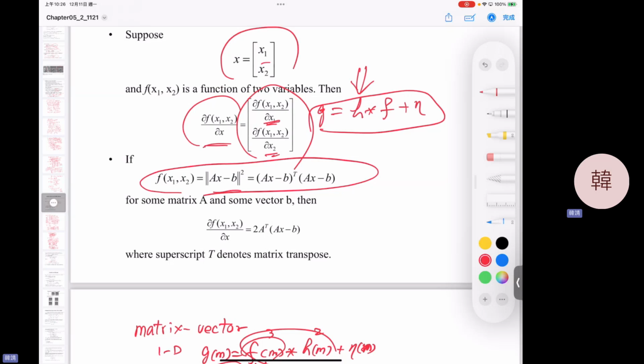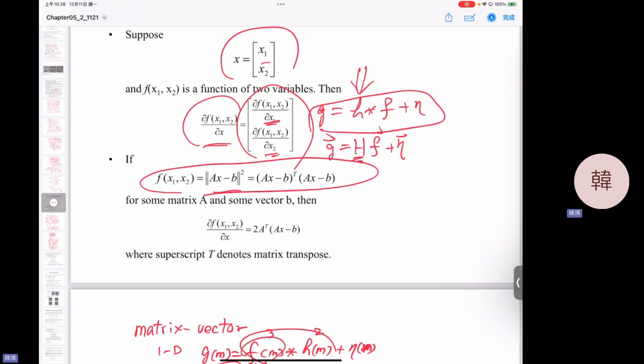So this is a basic image processing model, but we can change it to g vector equals H matrix times f vector plus eta vector. It's not convolution anymore. It's a matrix vector operation. We described this in the previous lecture. So if we try to minimize, optimize this kind of problem, you will face a lot of vector derivatives. Okay, the relation in calculus.